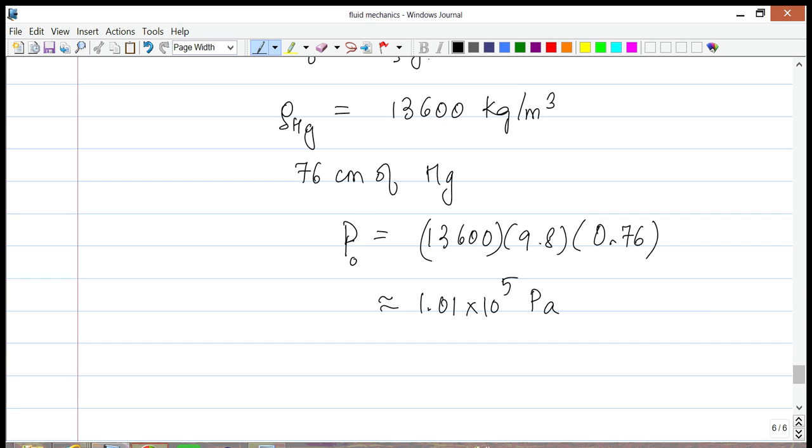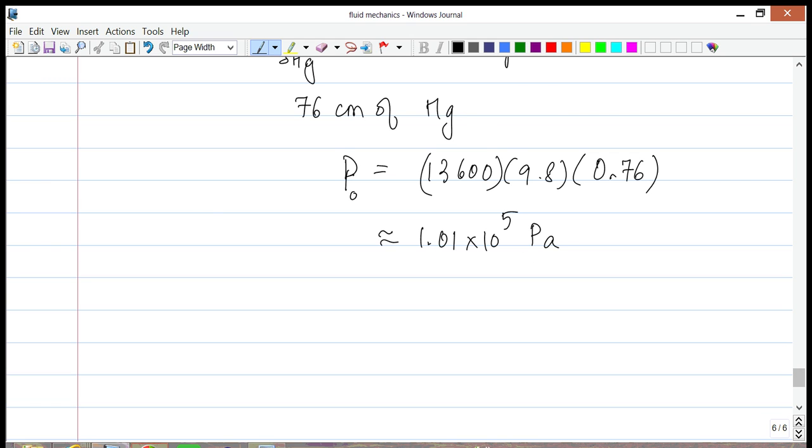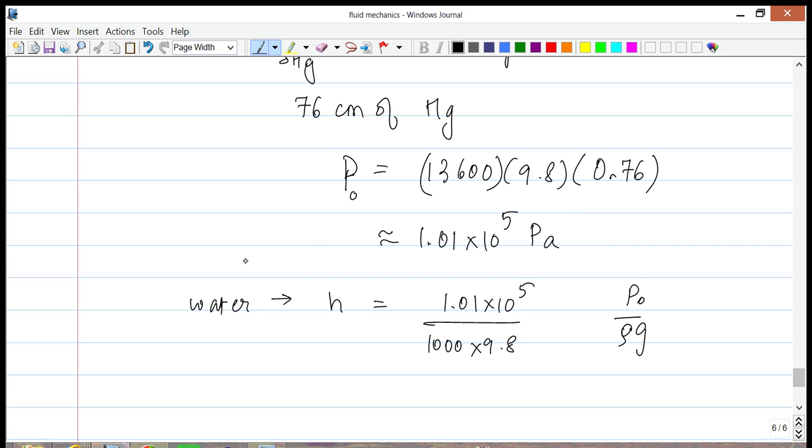Now on the other hand, if you were to use water to measure the same pressure, the height of water required would be equal to 1.01 times 10 to the 5, which is P0, divided by rho times g. The density of water is about 1000 kg per meter cube, and if you calculate this, it leads to about 10.2 meters of water.